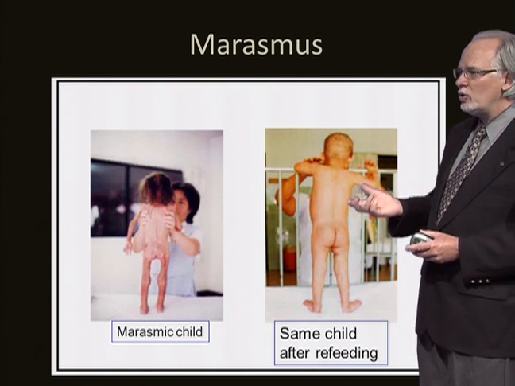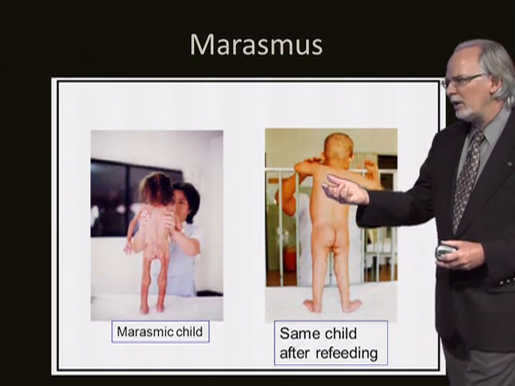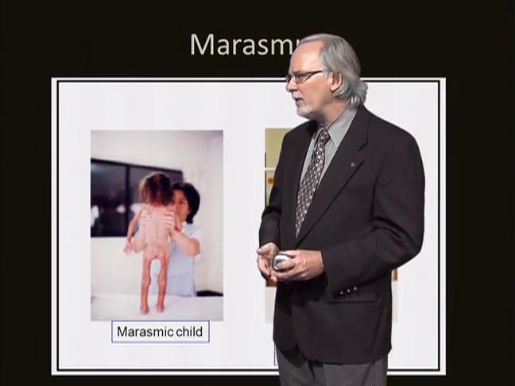Oftentimes it simply takes good, solid therapeutic food that is administered to these children, and although they suffer greatly and they deteriorate quickly in these situations, the opposite is also true, where they can also very, very quickly come around again and look as well as this child does here on the right.